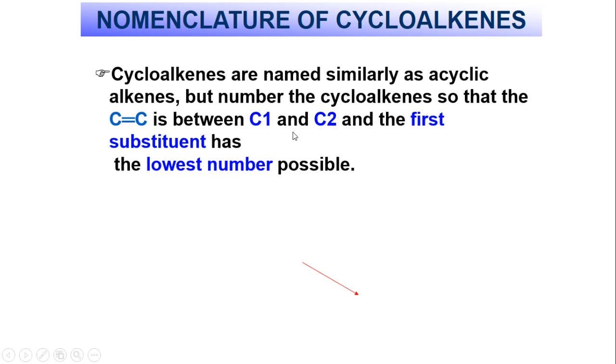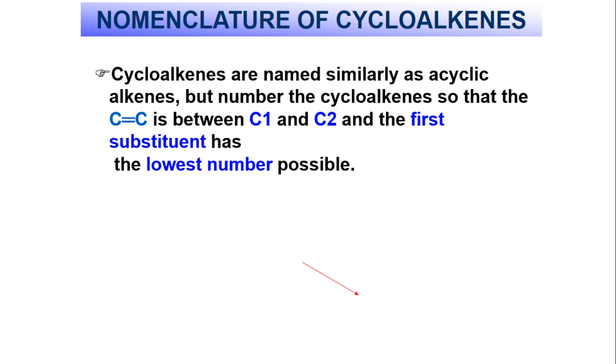As you number the cycloalkenes, you need to make sure that the double bond is between C1 and what? And C2. Okay, and this should be according to where the branch is, by making sure that the branch is having the lowest number.